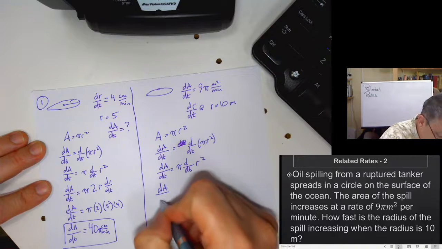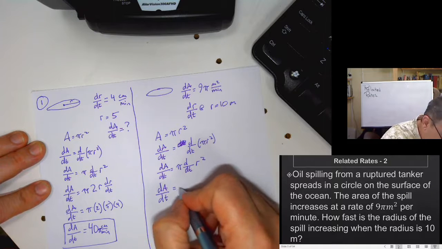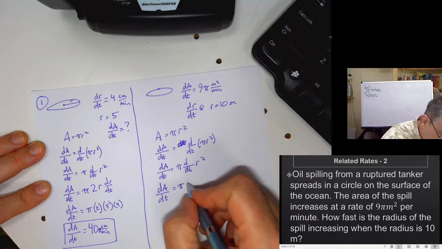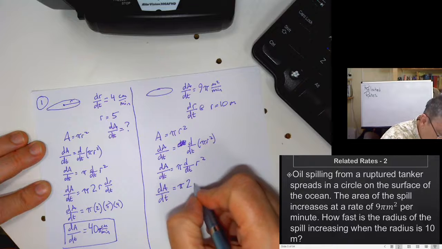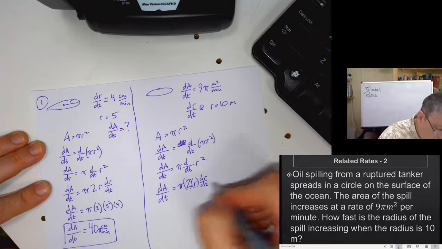This is exactly the same problem with just a different known variable, right? Equals pi, and then we have to do the differential of that. So that's going to be 2r dr/dt. We should put those all in parentheses, 2r times dr/dt, right?